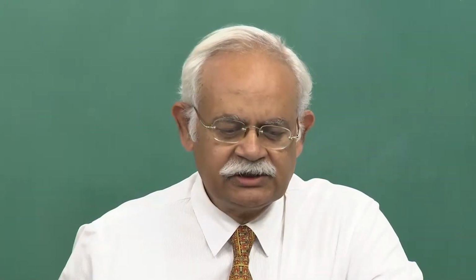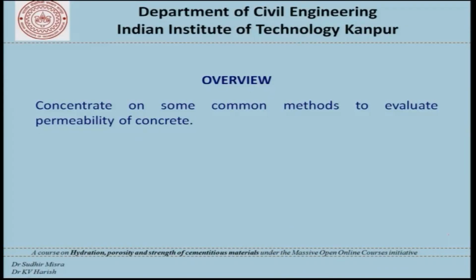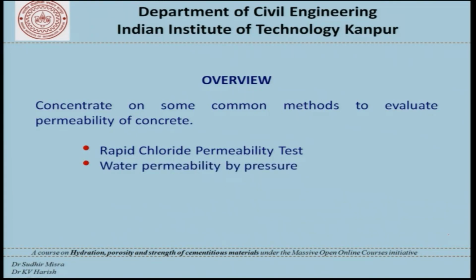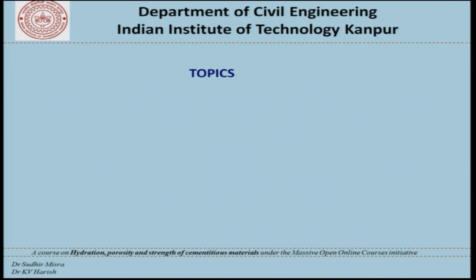We will basically concentrate on some common methods that are available to us to evaluate the permeability of concrete, and take up discussion with the rapid chloride permeability test, water permeability of concrete by pressure and ponding with salt solution.